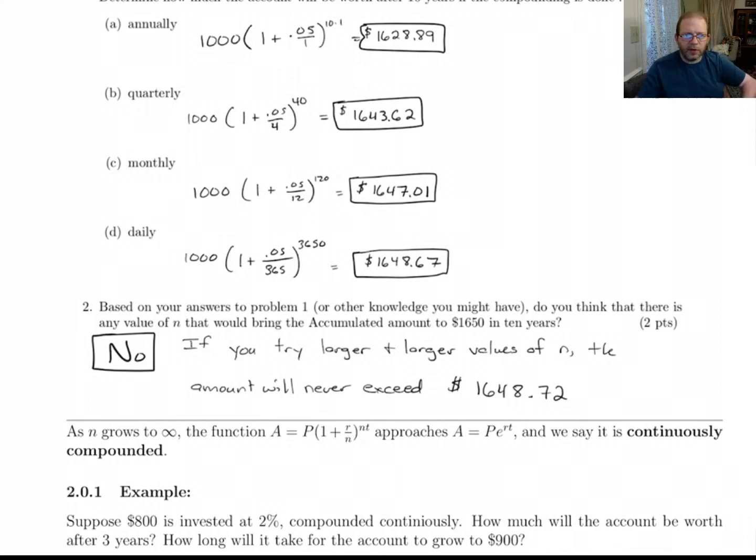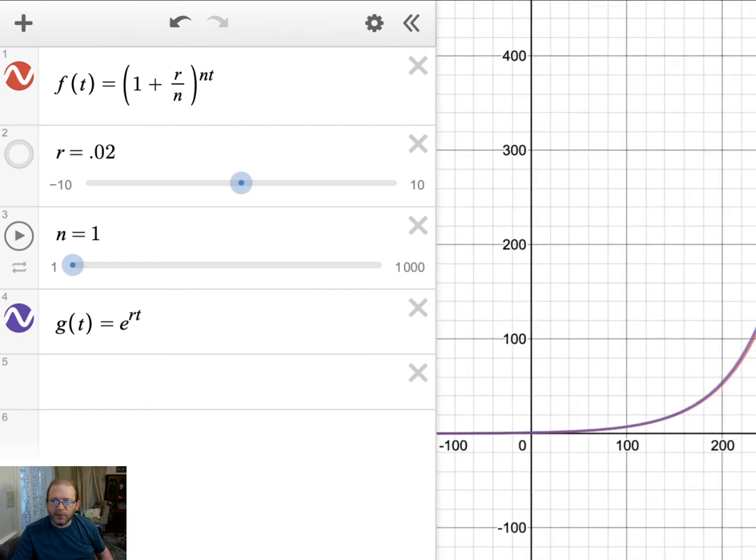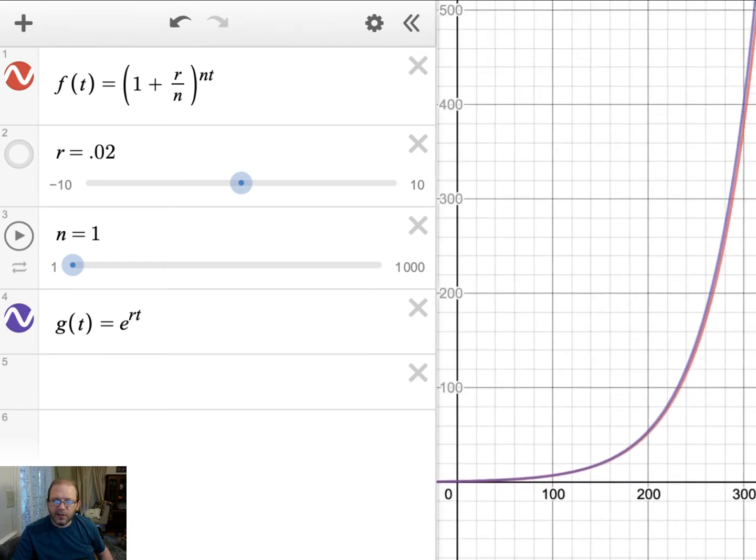Now I want to show you that on Desmos. What I've got here is the compound interest in red, and the continuously compounded interest in purple. Just looking at this graph, it doesn't look like there's a big change, but notice t is supposed to be years, and so before it really takes off, it takes a few hundred years.